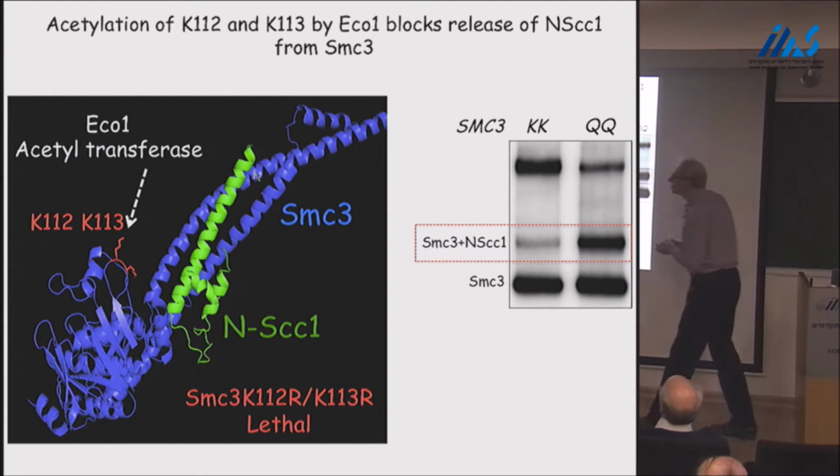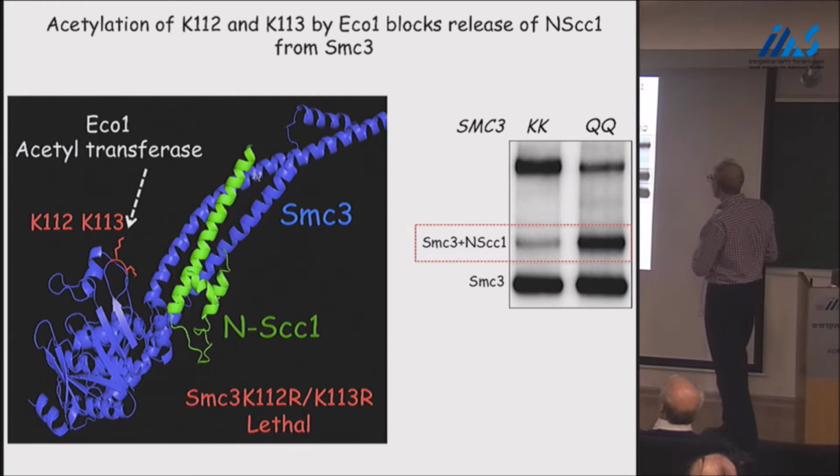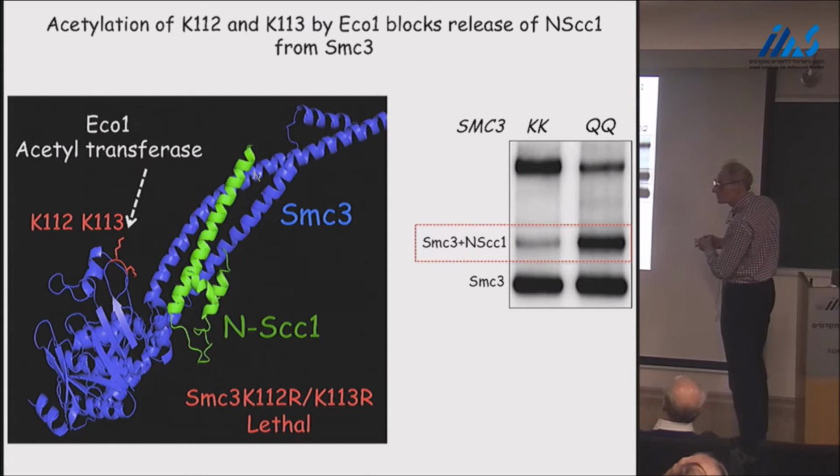And we've been able to show, we can actually measure this release, again using this BMOE-induced crosslinking. So it turns out separase cleaves the N-terminal fragment, and after separase cleavage, this will remain associated with the SMC3 if you inactivate releasing activity. And you can measure that by the cysteine-specific crosslinking.